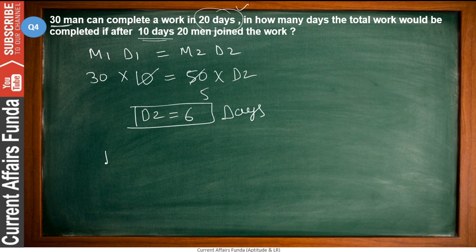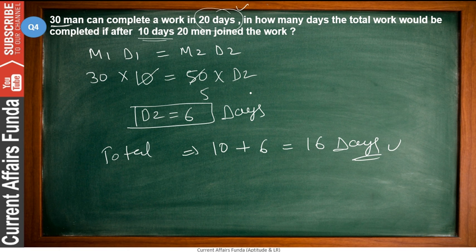Okay, so total, because 10 days have passed, that means 10 plus 6, it will be 16 days. Okay, so these are basically the 2 ways you can solve, either from that way or from this way.